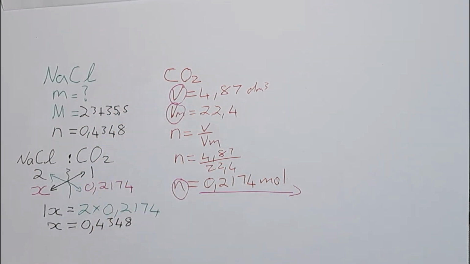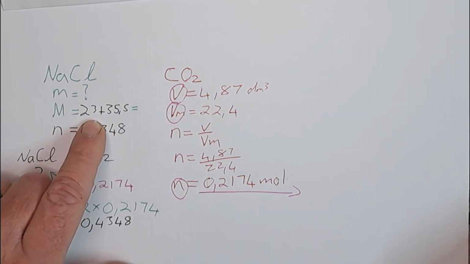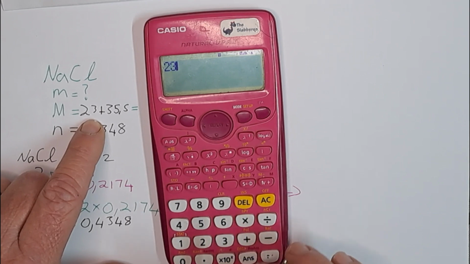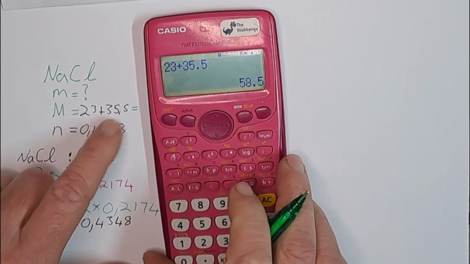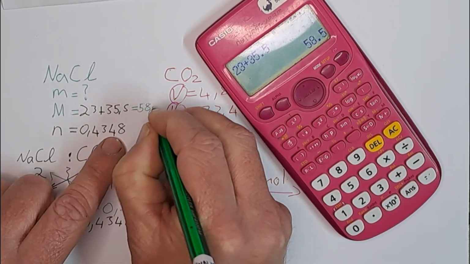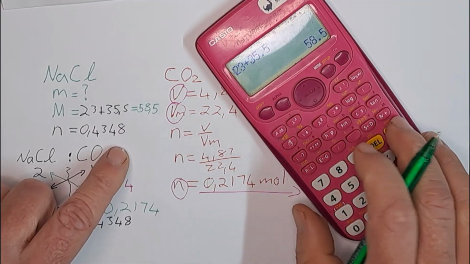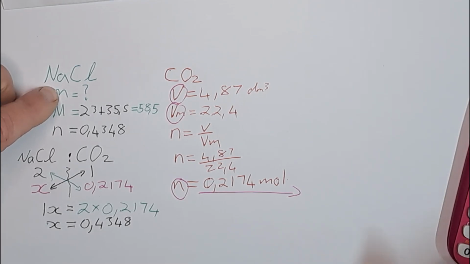Let's just change color before it gets too confusing. I'm going to smash that into a calculator. 23 plus 35,5 equals, boom, 58,5. So now we have mole, molar mass, and mass.